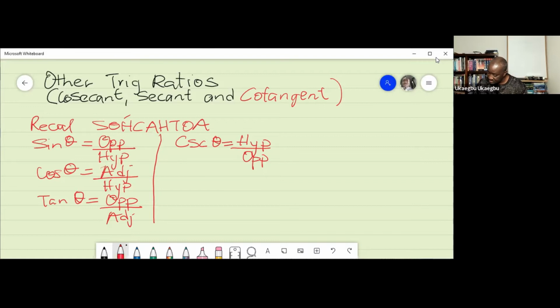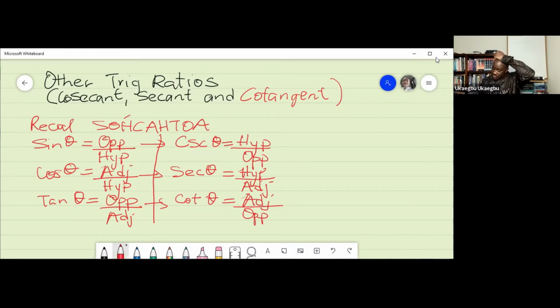Then secant is written as SEC, and you flip this one as well, so you have hypotenuse over adjacent. And then cotangent is written as COT, adjacent over opposite.